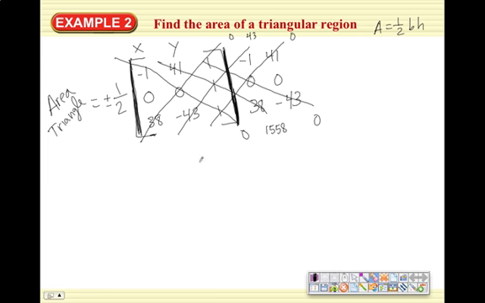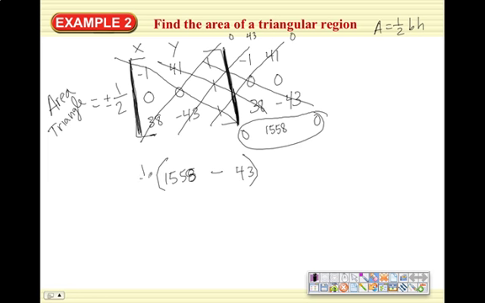So what we do is we take our downward products, add them all up, 1,558. Subtract our upward products, which is 43. That number is the determinant of this 3 by 3 matrix.